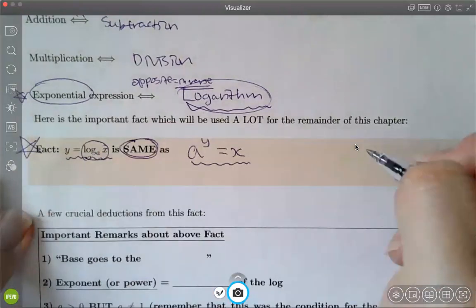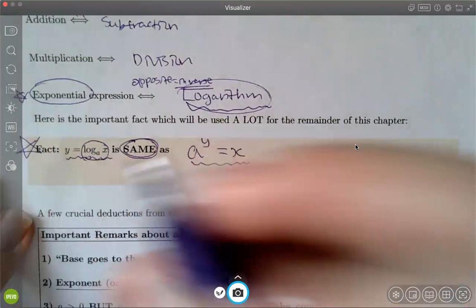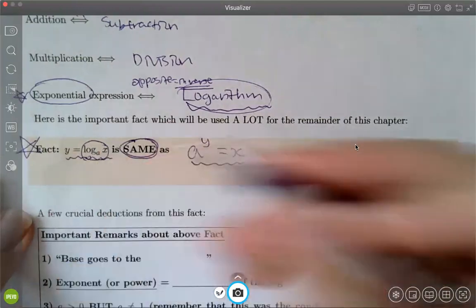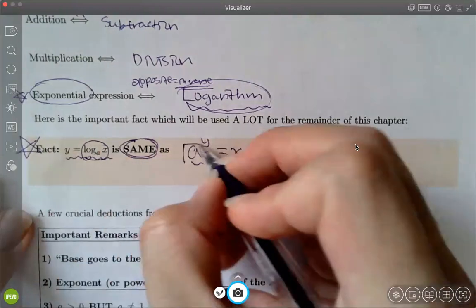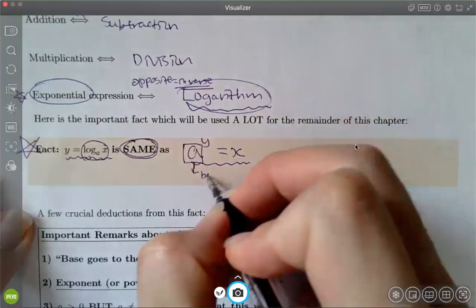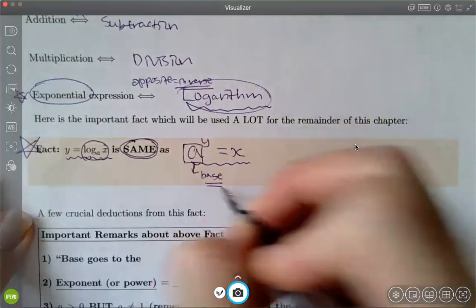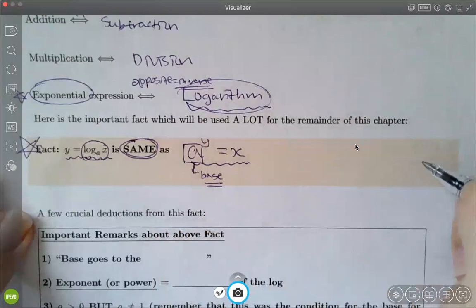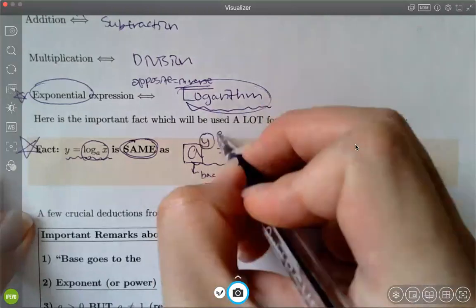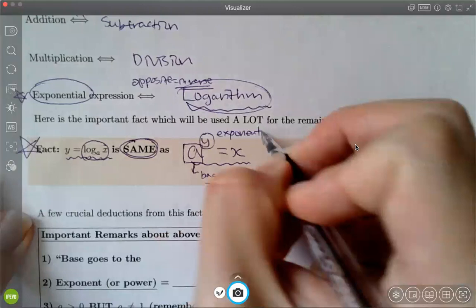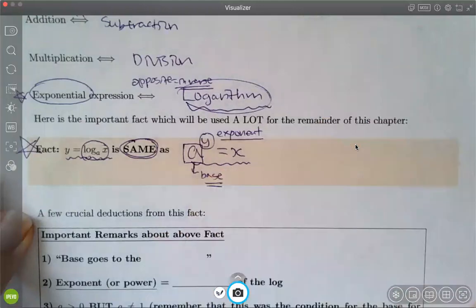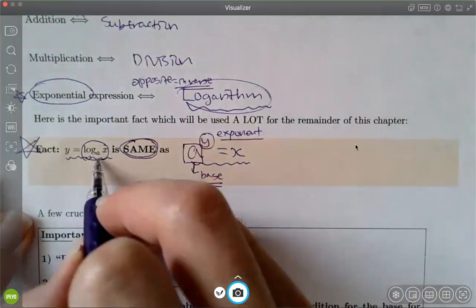I guess first, before we look at this, what is the name of this a? It's the base, right? Remember that? And what's the name of this y? It's the exponent, right? Now, guess what this little a is called? Also the base.